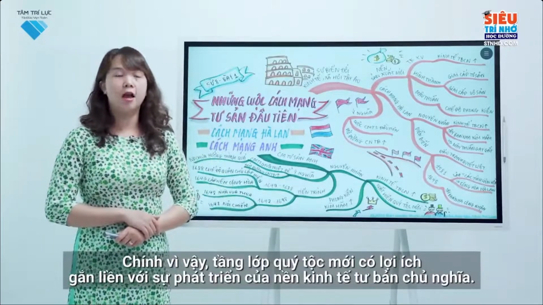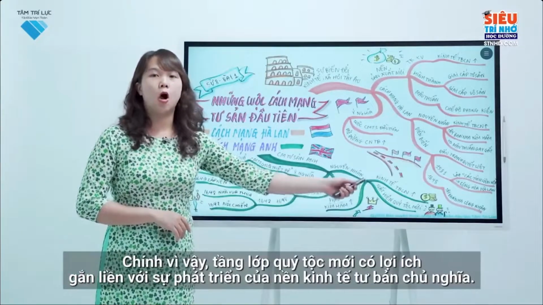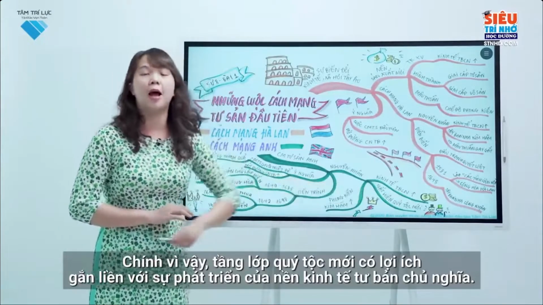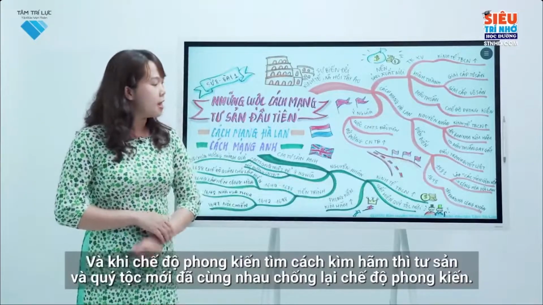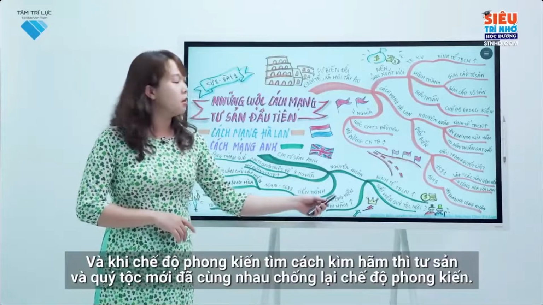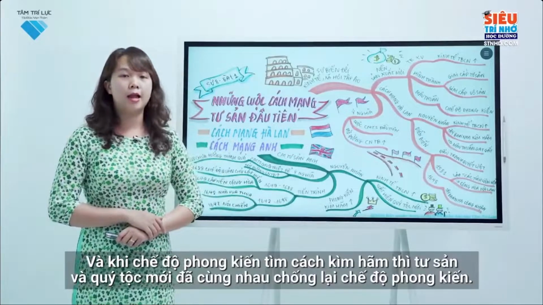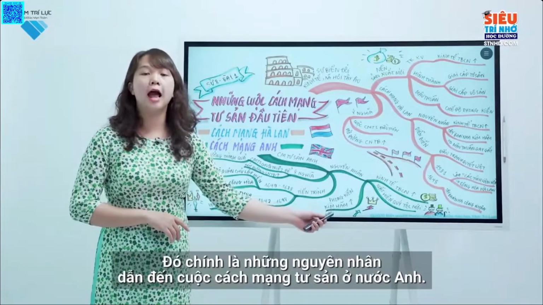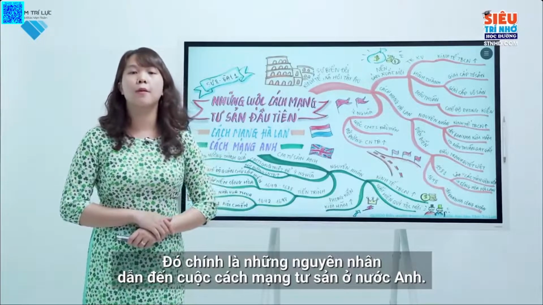Therefore, the benefits of the aristocracy were associated with the development of the capitalist economy. And when feudalism tried to prevent it, the bourgeoisie and the new aristocrats came together to oppose the feudal system. That was the breeding ground for the bourgeois revolution in England.